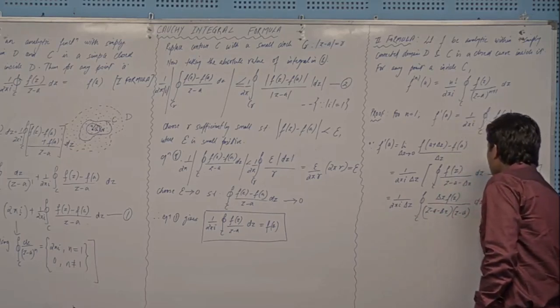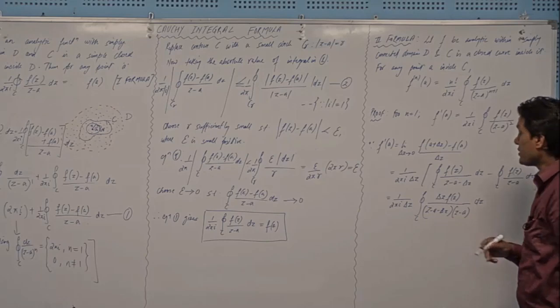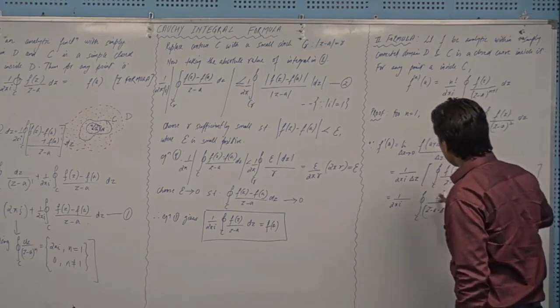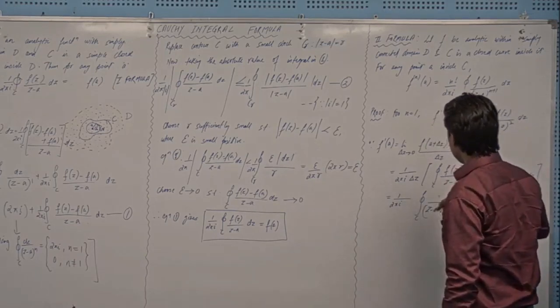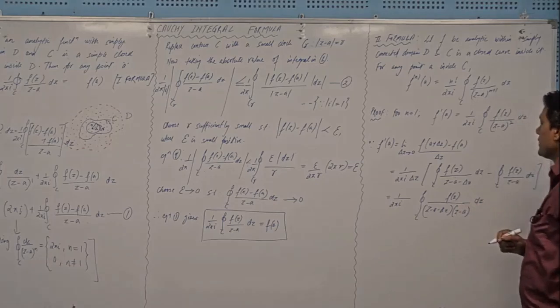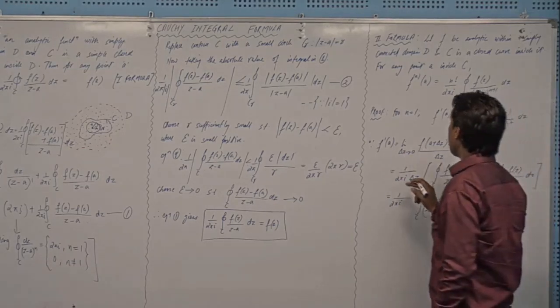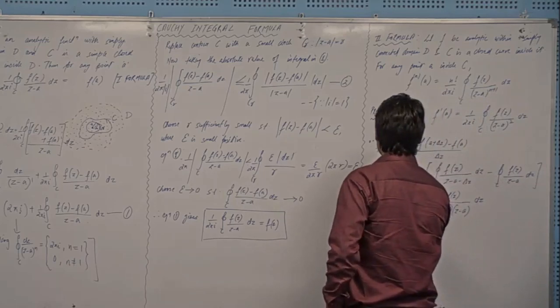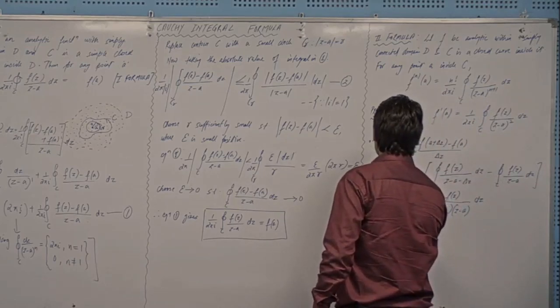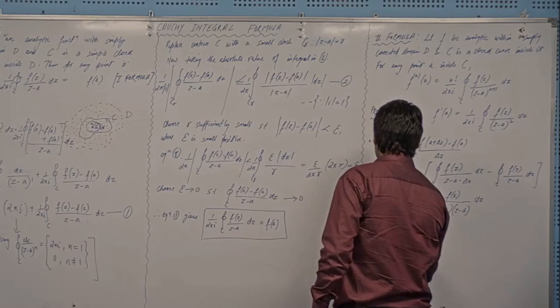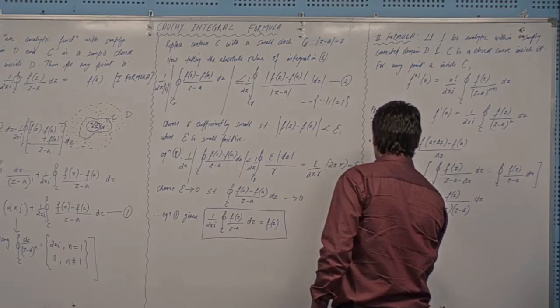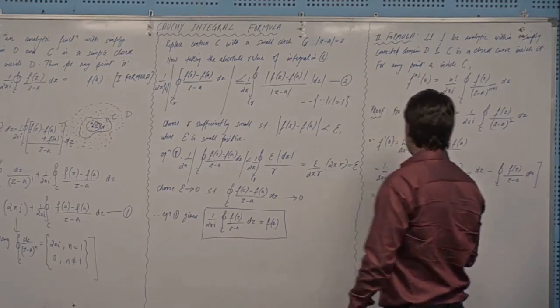You can see that this delta z will be cancelled, so I remove it. So this is my f dash a, with limit delta z tends to 0.